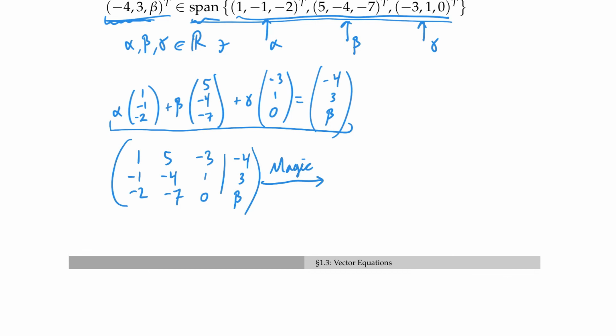Magic meaning the pause button, and I do it all on the side and just put the answer down. So here we go. My answer is 1, 0, 7, 0, 0, 1, -2, 0, 0, 0, 0, 1. So that's my reduced row echelon form via magic.